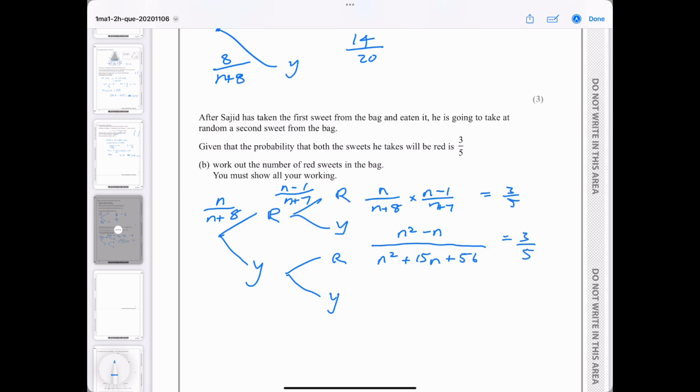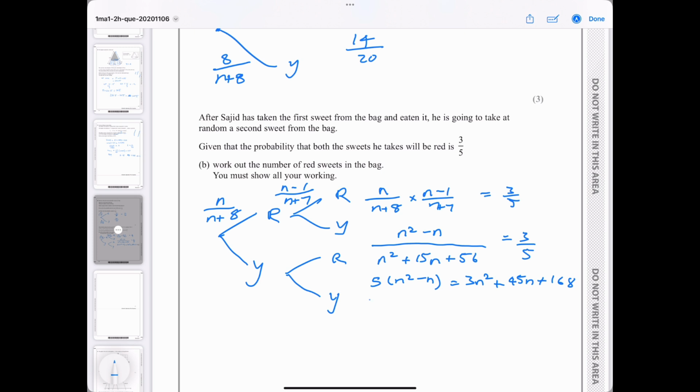And then we can cross multiply, so we get 5n squared minus 5n equals 3n squared plus 45n plus 168.